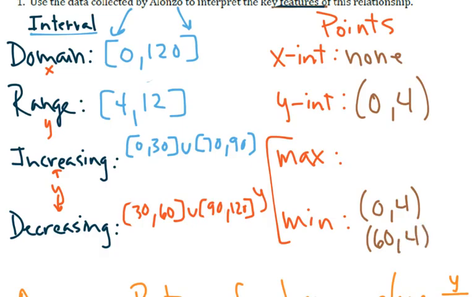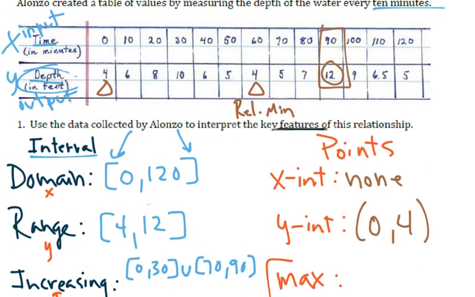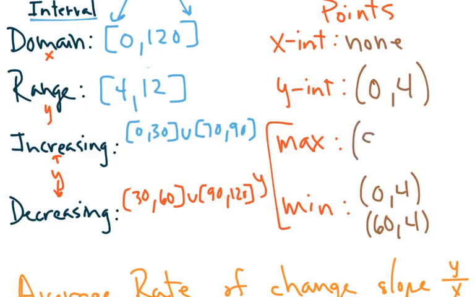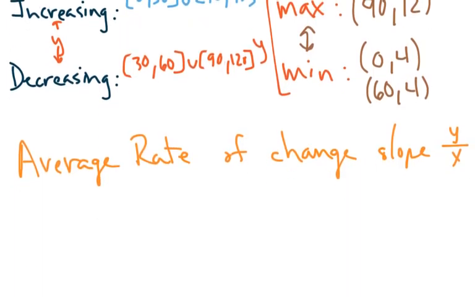Our maximum is 90 and 12, only one of these. So at 90 minutes, 12 feet of depth was our maximum depth. I know that seems like that should be a minimum, huh? And depending on how you were thinking about it, you could flip-flop these two.